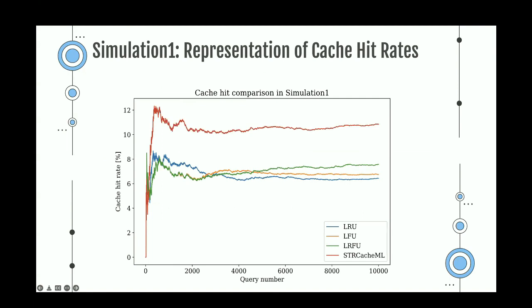Okay, let's move to the visual representation of cache hit rates. Here is the graph that was drawn over each cache inquiry. The red line is the one obtained by STRCacheML, and we can see that on each cache inquiry and cache number, the cache hit rate was better compared to all of these models.